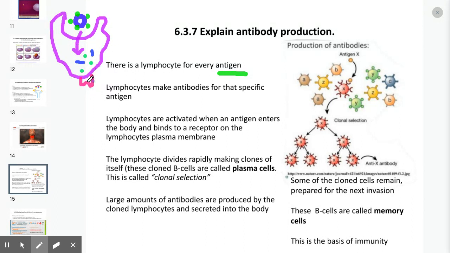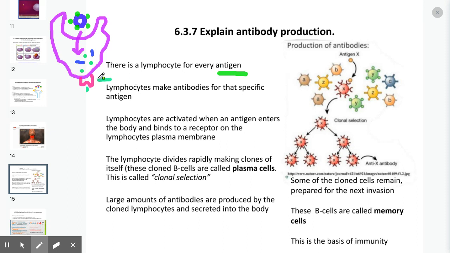It will present it and communicate this information to a very specific type of white blood cell. So here we have this protein attached with this antigen to say, hey, look what we found. This is a non-self protein that we found in our body.